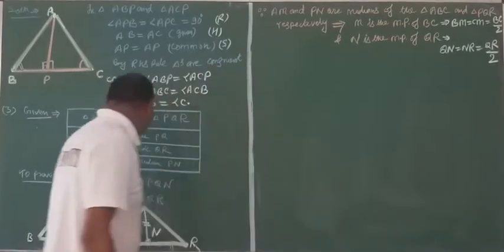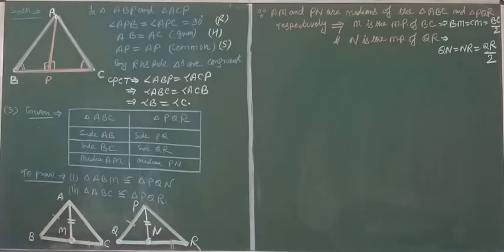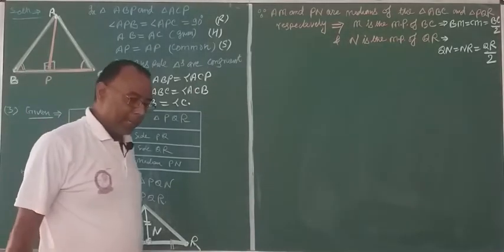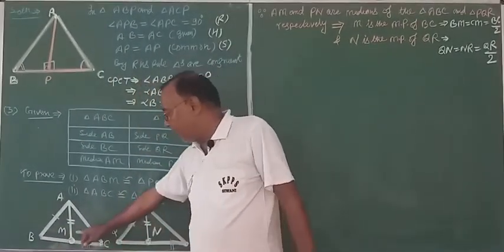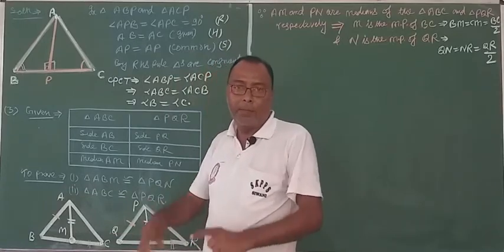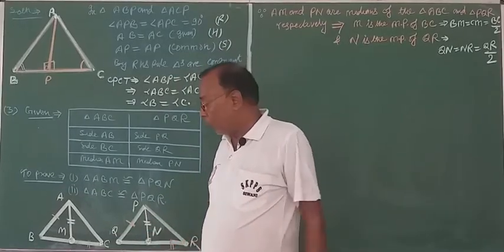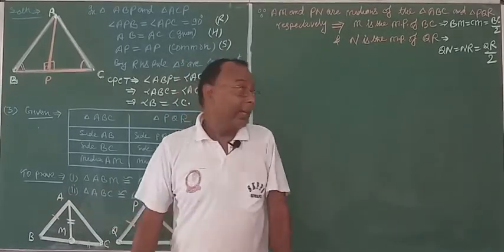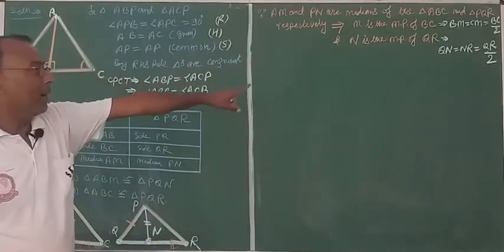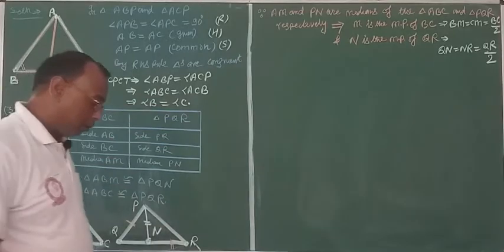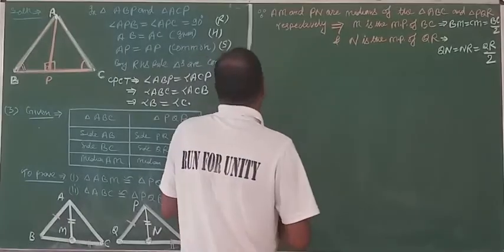Suppose BC is 10 centimeter and M is the midpoint. Therefore, BM will be 5 centimeter and CM will also be 5 centimeter. BM is equal to CM is equal to BC upon 2, and QN is equal to NR is equal to QR upon 2.